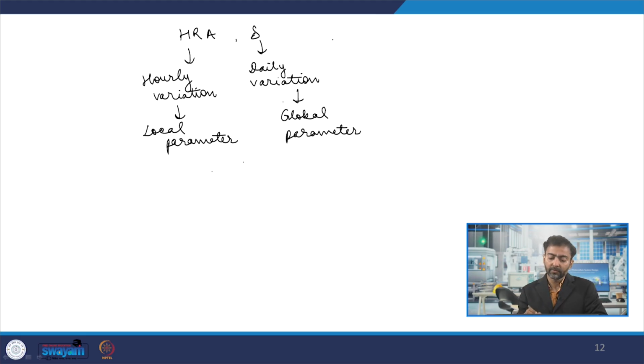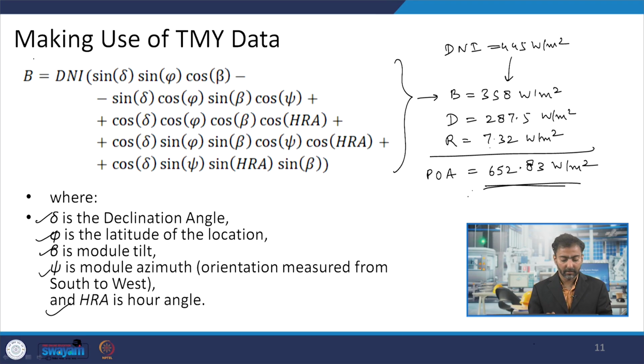So these are the two varying parameters for beam radiation. The other parameters, if you see, phi is constant, and for beta, we are taking the standard assumption of fixed tilt panels. So fixed tilt means beta is constant. So you have delta, HRA, phi, beta, and then psi, the module azimuth.